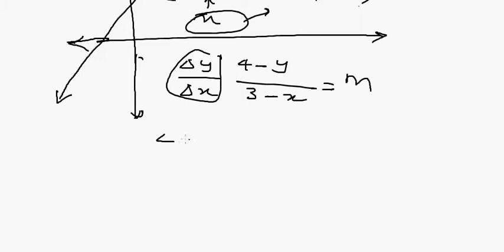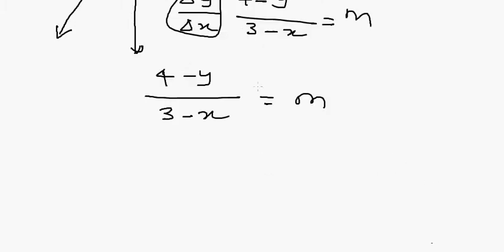So let me just write it over here again. Sorry. 4 minus y upon 3 minus x is my m. Now I have to find y in terms of x, so let me just take this to the other side of the equation.